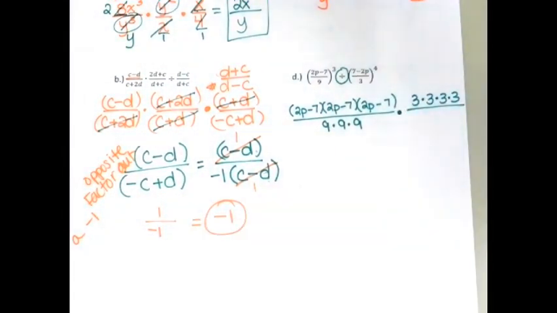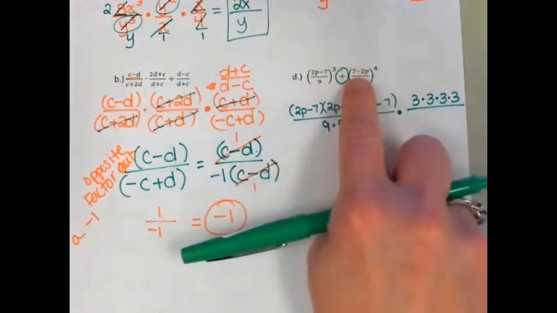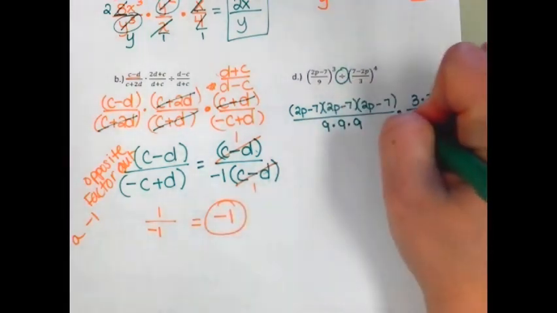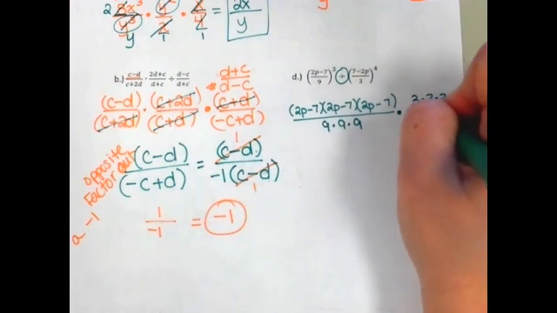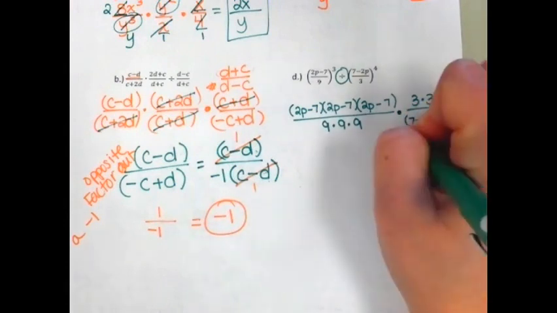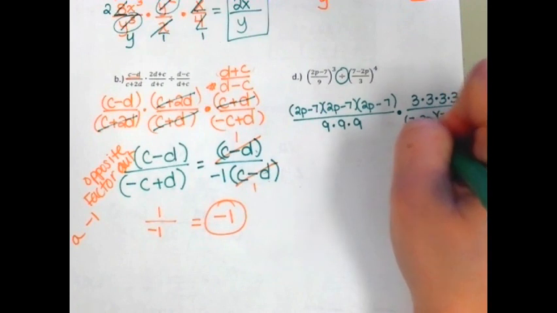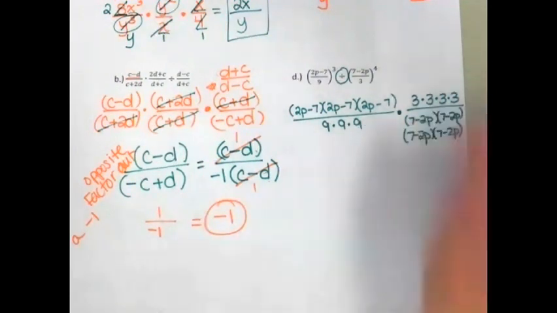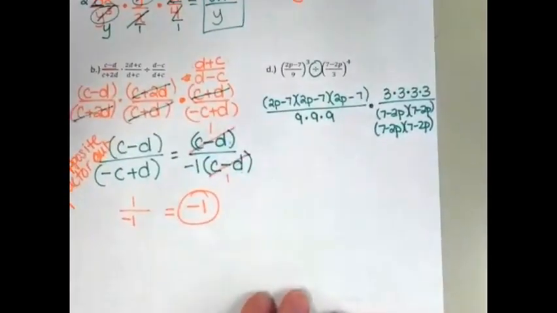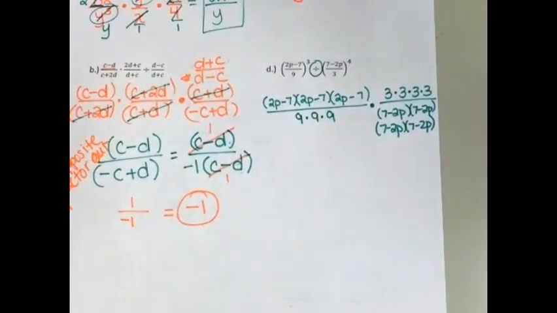And then 7 minus 2p has to be written how many times? 4 times. So I went ahead and flipped it and used the exponent at the same time. If you don't understand, let me know, okay?